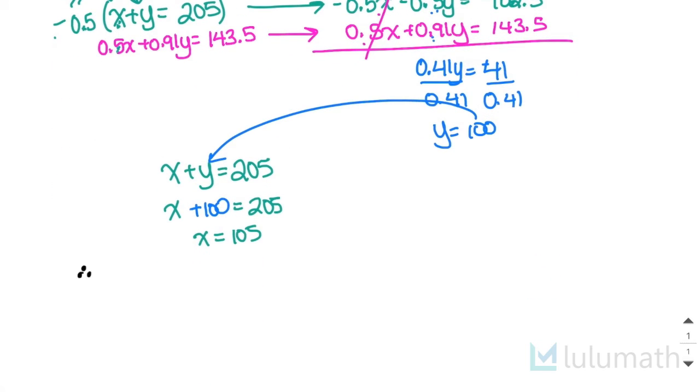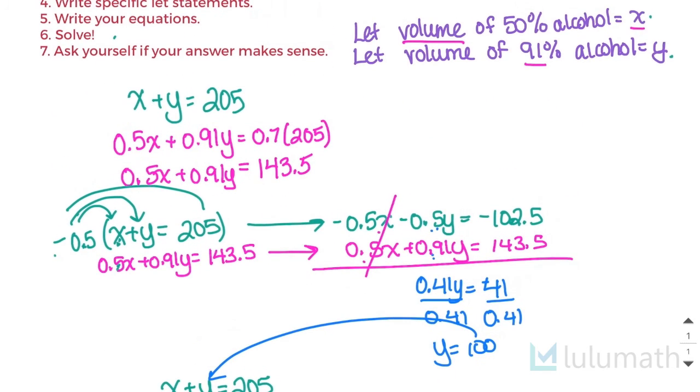So therefore, Omar needs 105 milliliters of, and let's take a look at what the x represents. The x represents 50% alcohol.